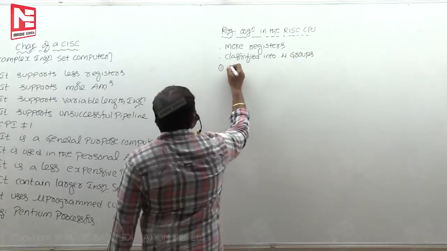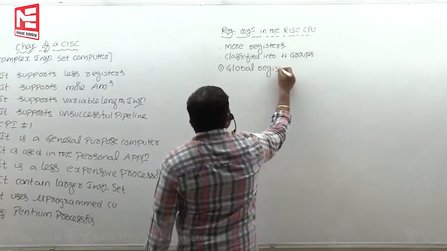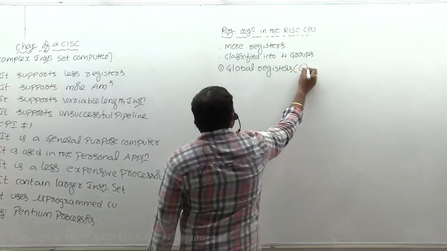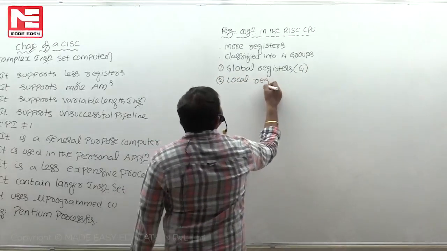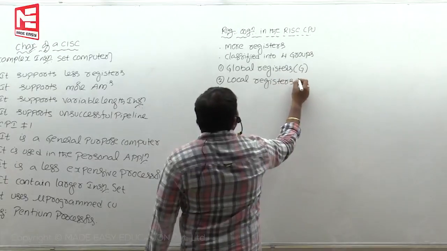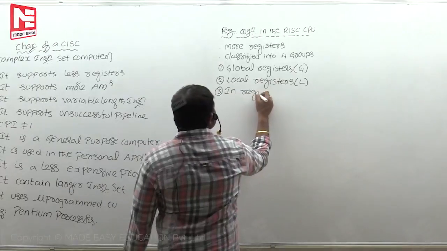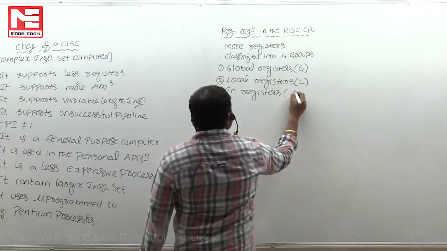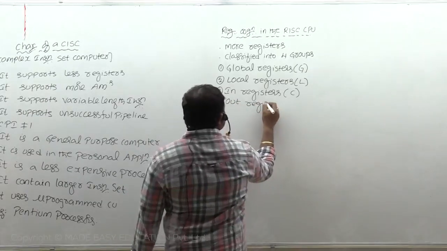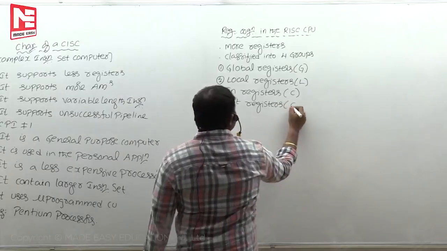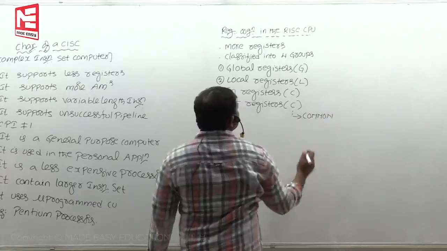Named as first one global registers, denoted with G. Second, local registers, denoted with L. Third one, in registers, denoted with C. Out registers, denoted with C. C stands for common registers.